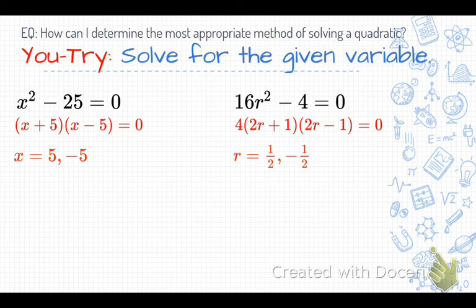Okay, if you forgot to take out 4 as the GCF, please listen. If you didn't take out 4 as the GCF, your final factors would have been 4r plus 2, 4r minus 2, if you didn't take out the initial 4. So when you solved, you would have gotten plus or minus 2/4. Is that fully simplified?